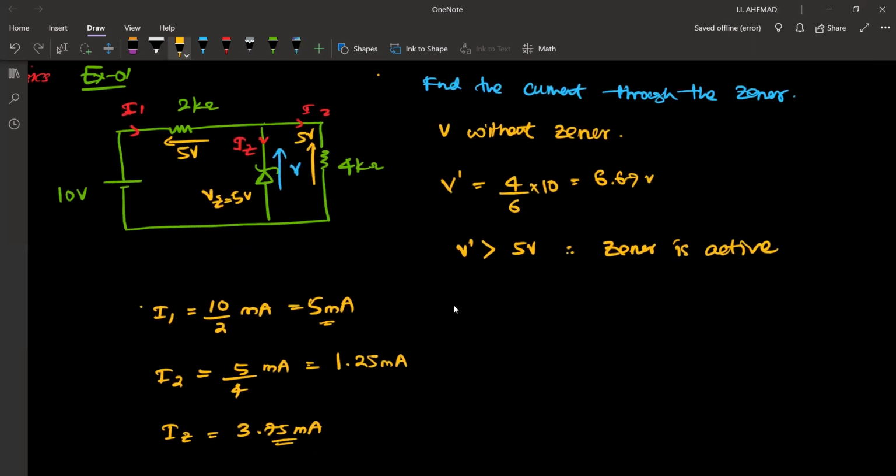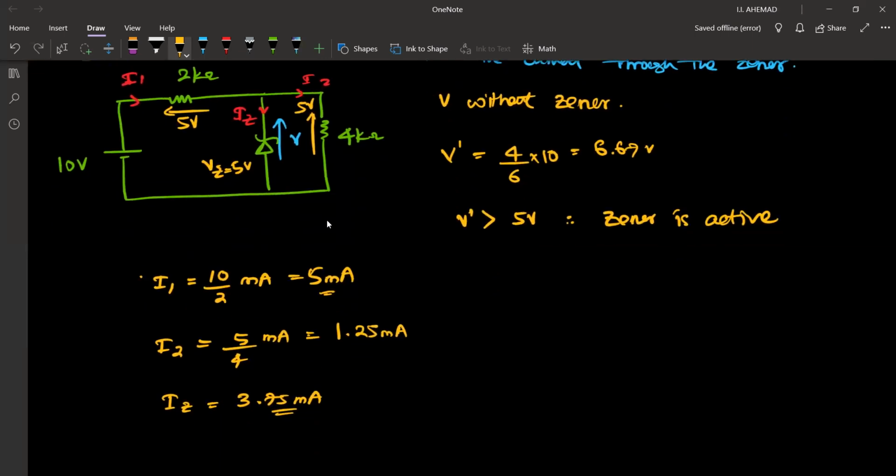Yeah, 1 minute. Is the calculation correct? Here it should be 5. I have put it as 2. Sorry, I have taken it as 10. Across this, voltage is 5. So this is 2.5. This is okay, right? So this will be 1.25.